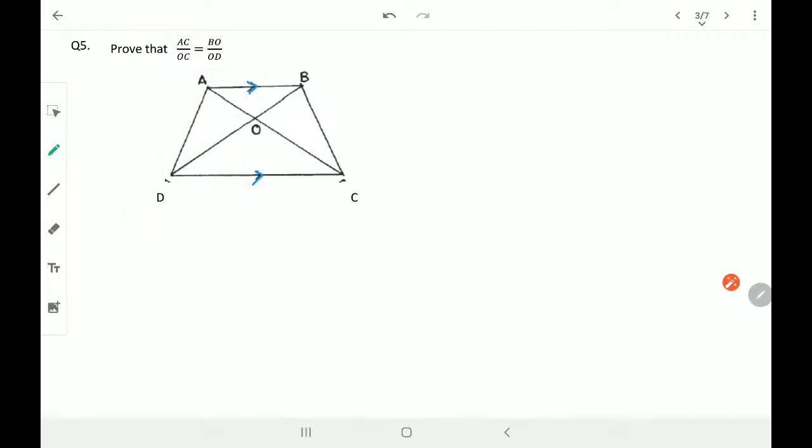So what can be the construction? You need to remember especially for this question. Mark it as an important one, and you need to remember the construction for this. What the construction is: I have to draw a line parallel from O to AD intersecting at M. So the construction is draw OM parallel to DC as well as AB, because DC is parallel to AB already.